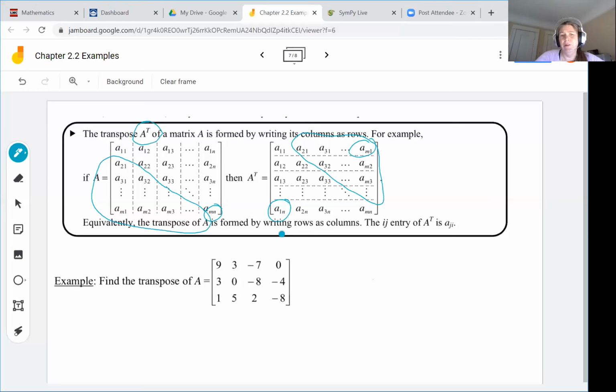All right, so we are going to find the transpose of A here. A transpose is going to be 9, 3, 1 in the top row, because I'm taking these column values and translating them to rows. 3, 0, 5 in the next row.